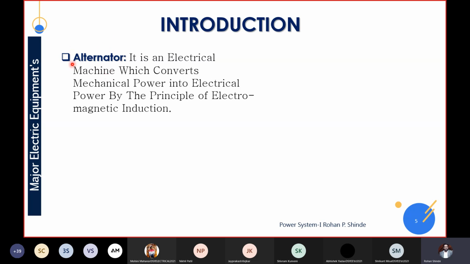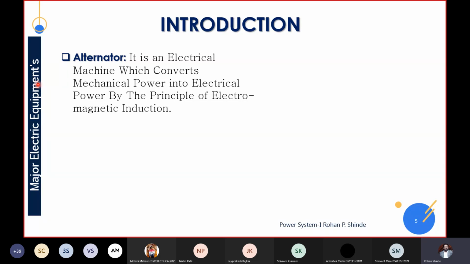And can anybody tell me what is the second name of induction generator? Asynchronous generator. Very good. Why? Because the speed of rotor is not the same as the synchronous speed, so it is called an asynchronous generator or induction generator.